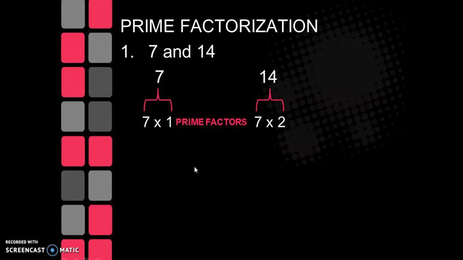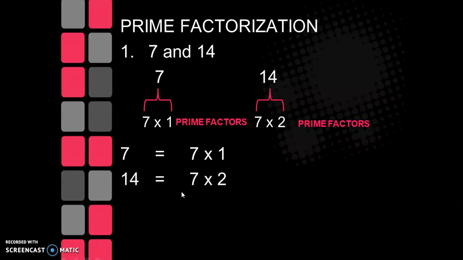There is nothing else we can factor, so the prime factors of 14 are already 7 and 2. The factor of 7 is 7 times 1, and 14 is equal to 7 times 2.